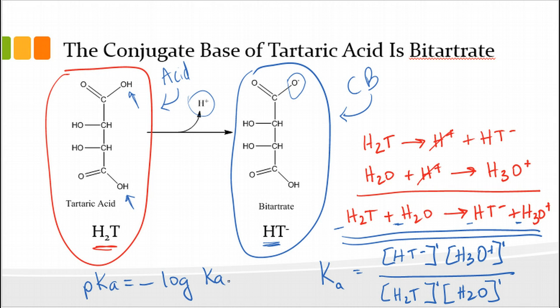And we said that a stronger acid means you have more product, more of these species at the top. So what that means is you have a Ka that's larger, so minus the log of that is a smaller number. So a smaller pKa means an acid is stronger.